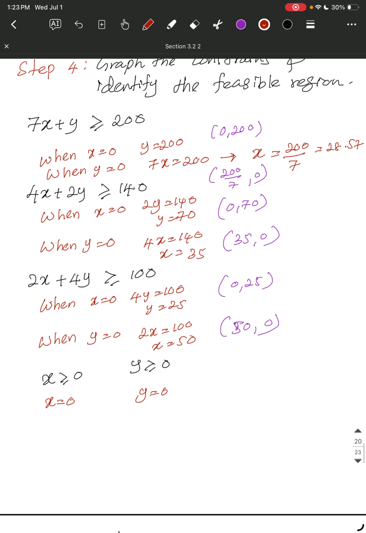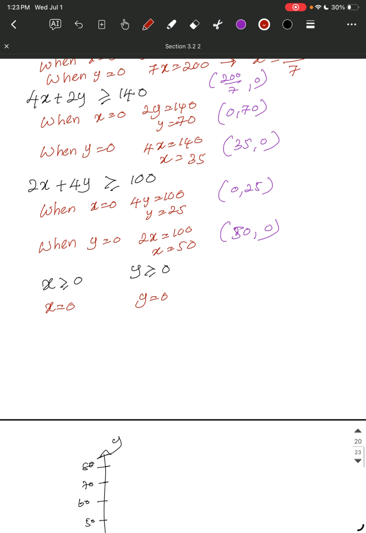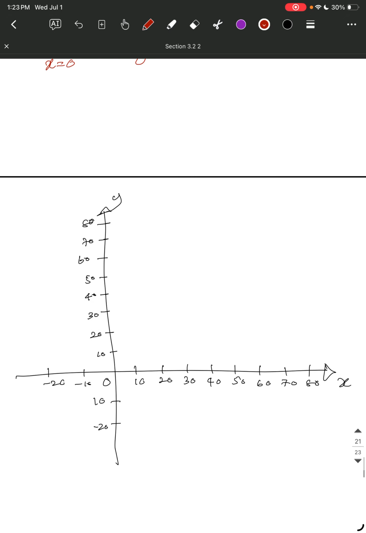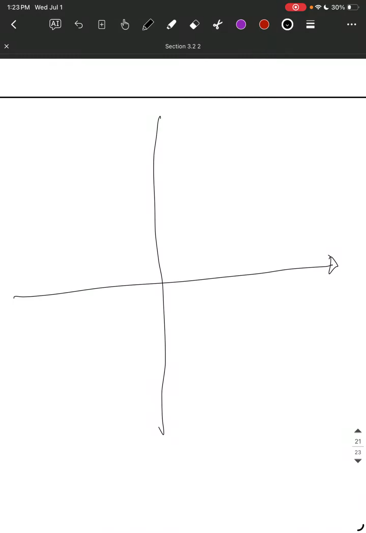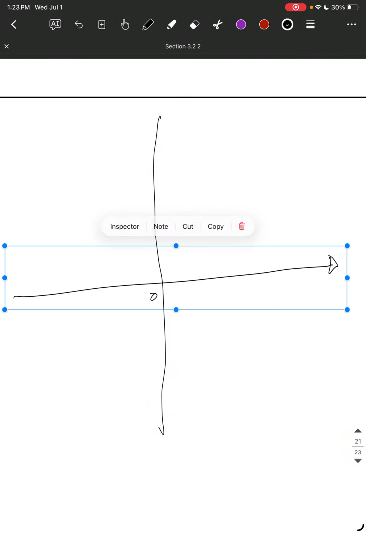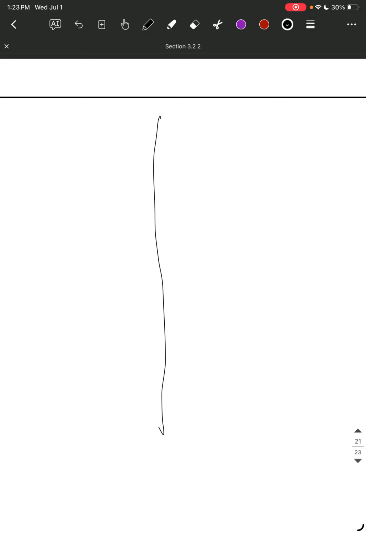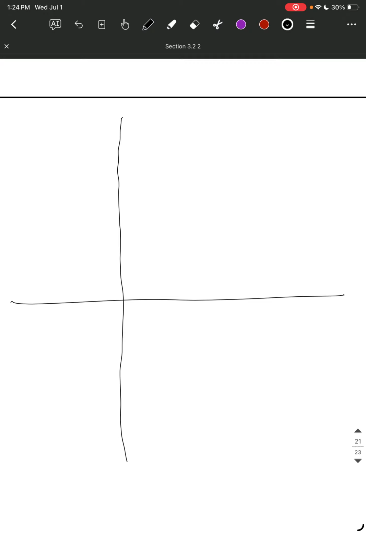Okay, first 0, 200. Oh, sorry. So we wanted to use a large scale, right? On the x-axis let's use 50, 100, 150, 200, 250.